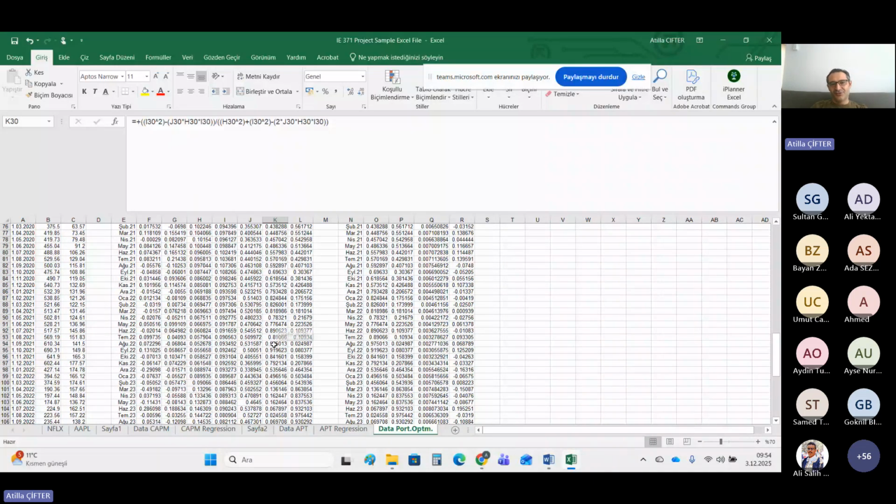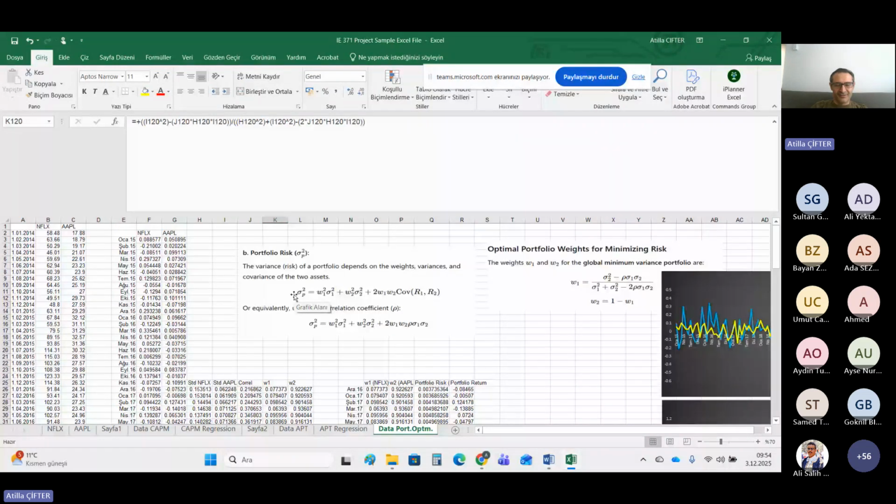In the quantitative finance course next semester, we have an elective course. In that course, I use these steps and then I use a program like R programming to estimate these optimal portfolios and more. Even in that course, we will take more than 2 assets.